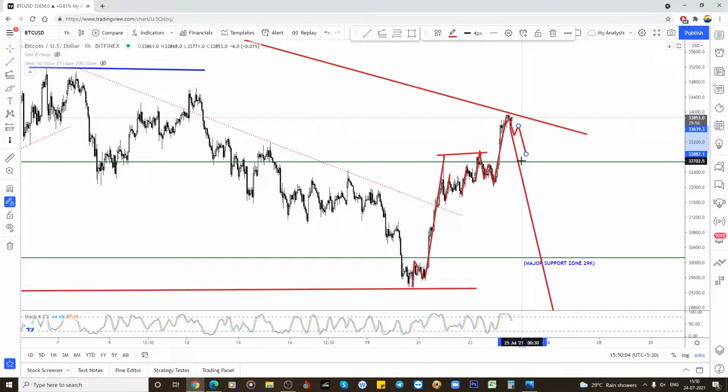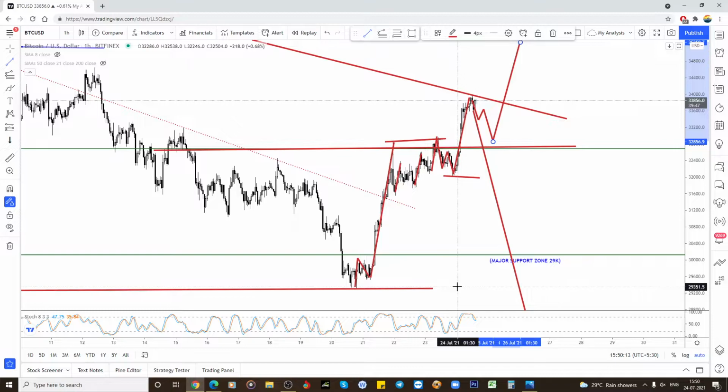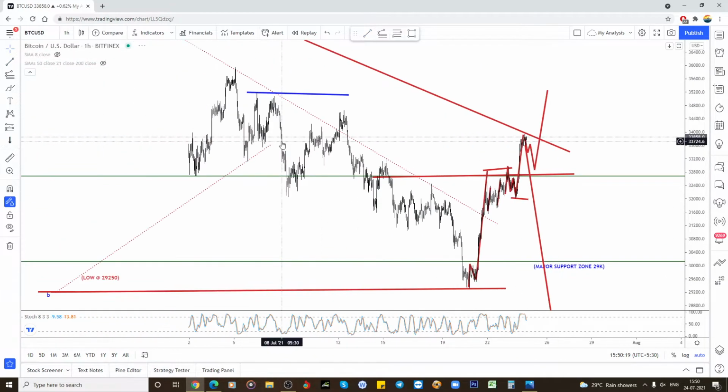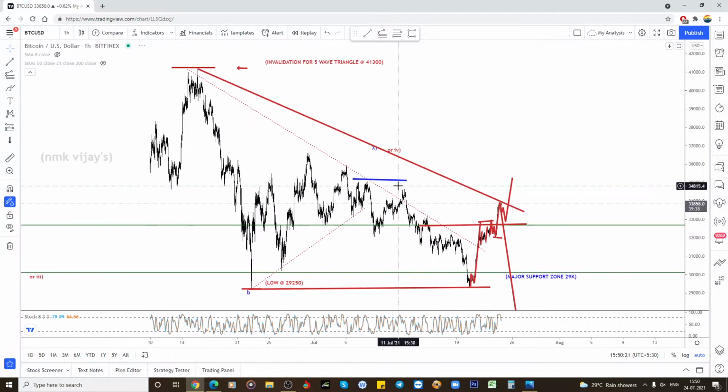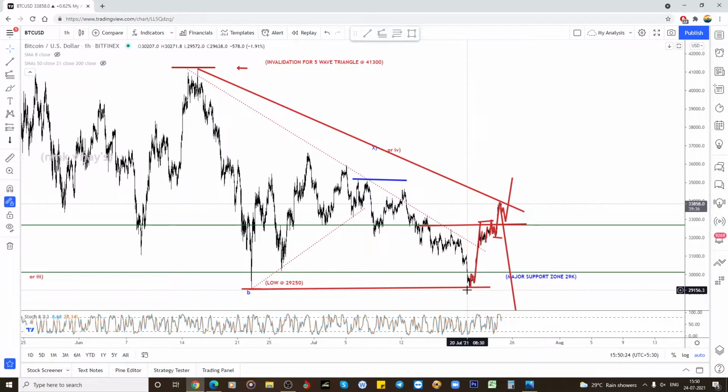If you need to enter, this is a major support zone. You can make this a stop loss and enter a buy trade. But if you are a planned trader and risking more, meaning I have placed a stop loss with room to breathe, you can make this the stop loss.